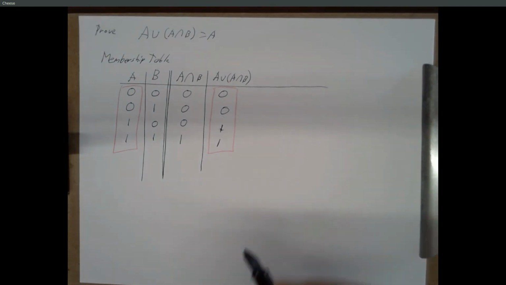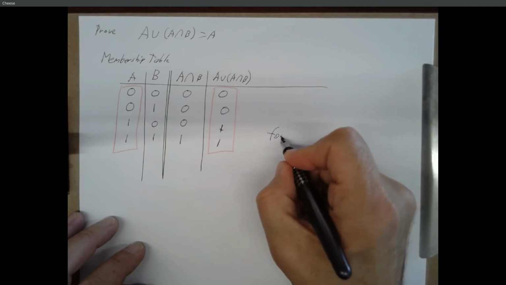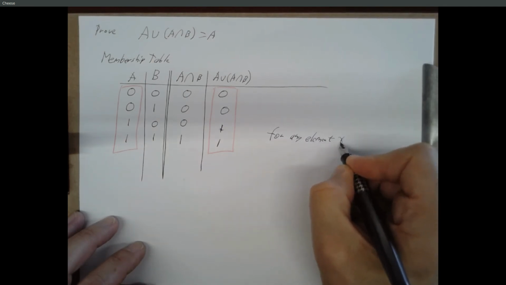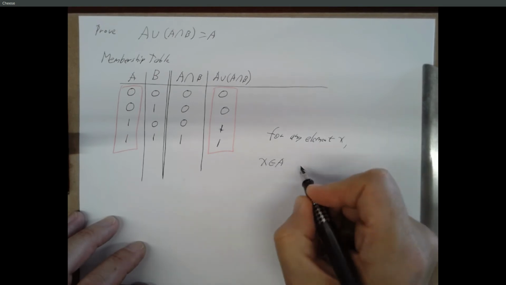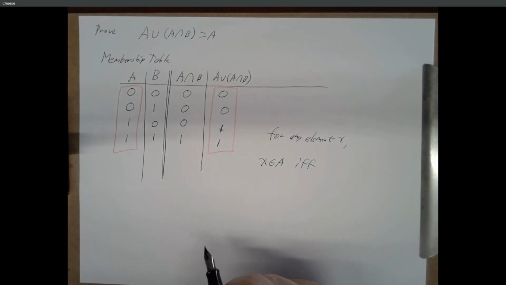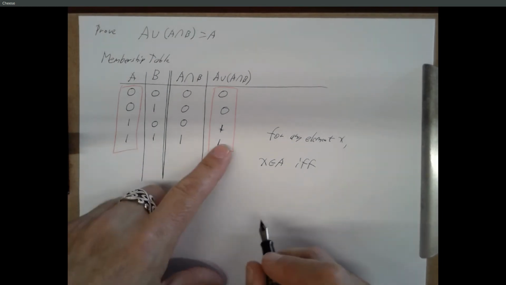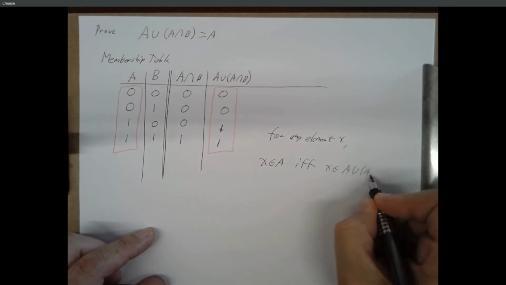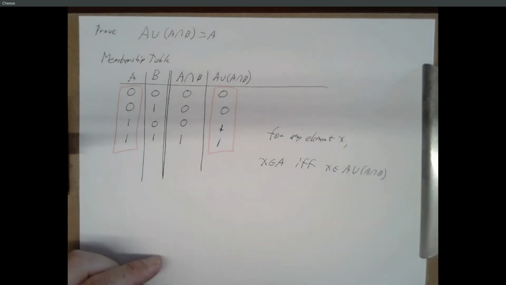So any element X is contained in A. Remember what IFF means? If and only if X is contained in A, if and only if X is contained in A union A intersect B. And this was our definition of equality.